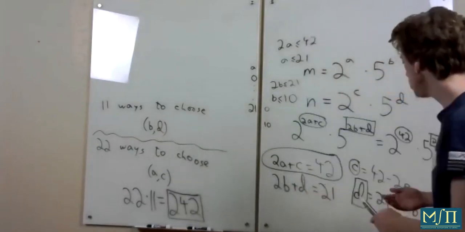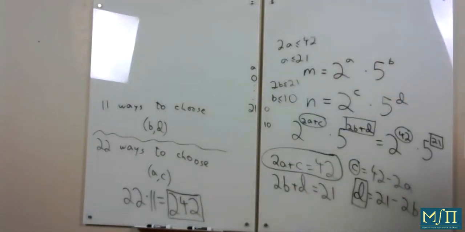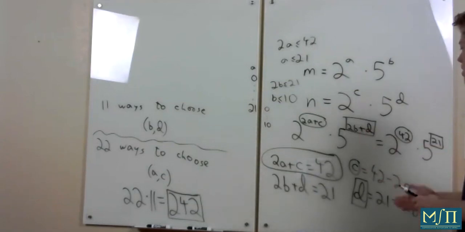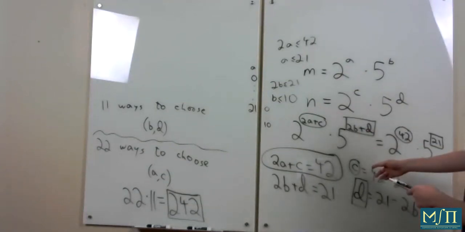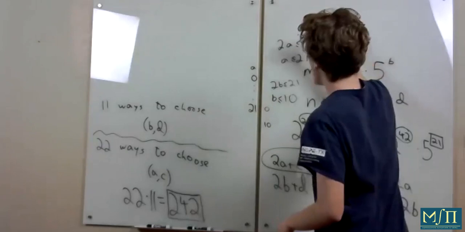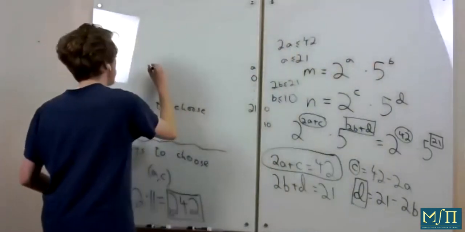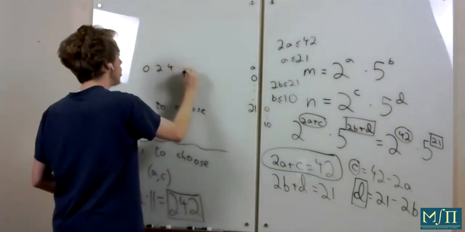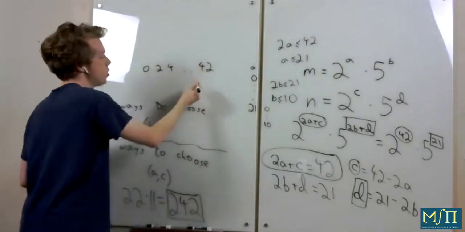If we wanted to pick C first, it would have to be between 0 and 42, but it wouldn't be a completely free choice, because you would have to make sure that it's even so that A would be an integer. If you count how many even numbers there are between 0 and 42 inclusive, 0, 2, 4, up to 42, there are 22 of those.